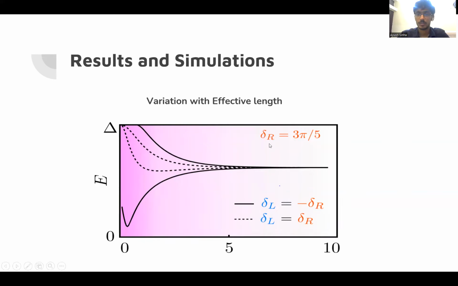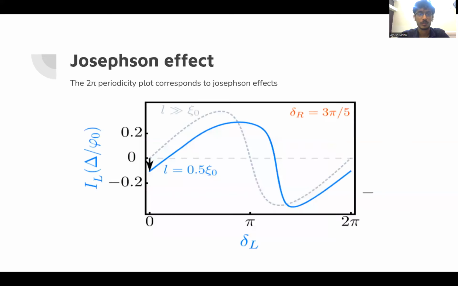So now we will come to the major effect of this work, which is the 2-pi periodicity plot with respect to the phase, which is non-local. As you can see here, this is a 2-pi periodic plot where L is very much larger than the coherence length, as you can see from the dotted figure, this one.